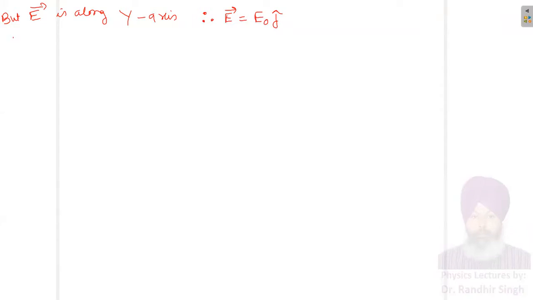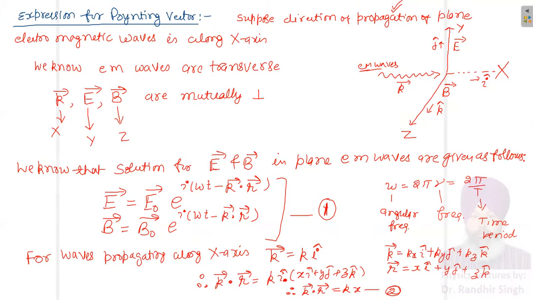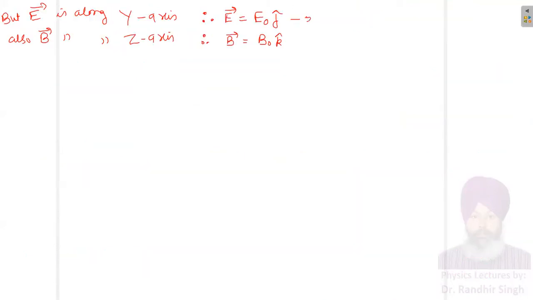Also we know that B vector is along z axis as per my discussion in the previous page. Therefore, we can write B vector simply equal to B0 k cap. So this is equation number 3 and this is equation number 4.